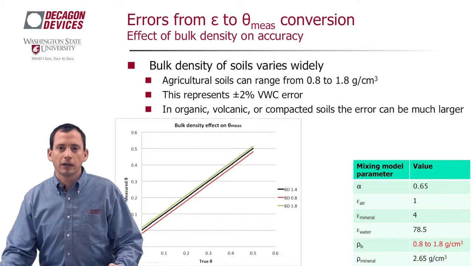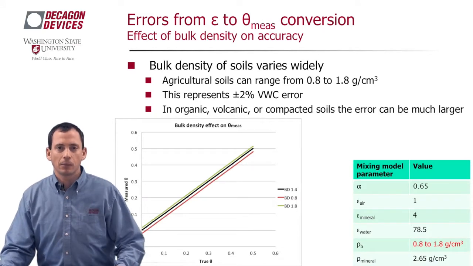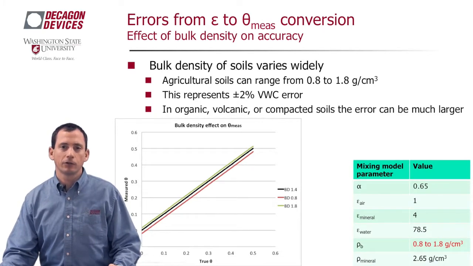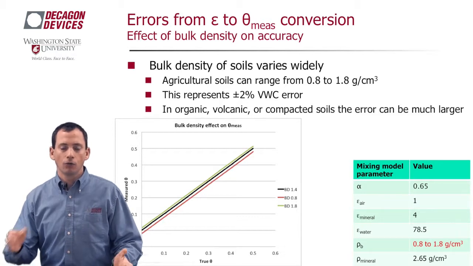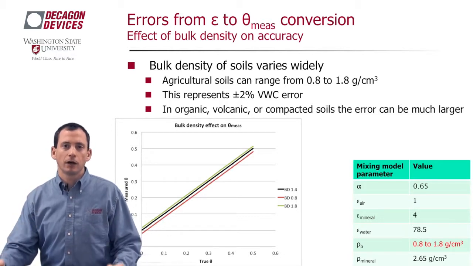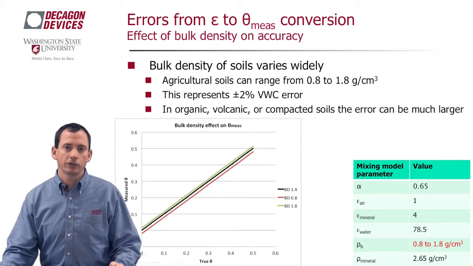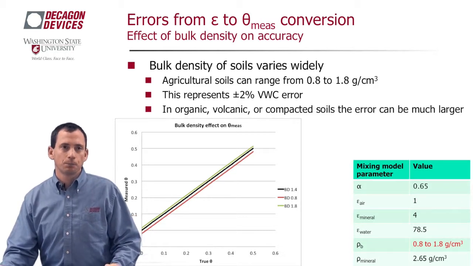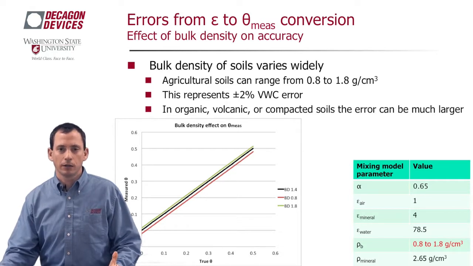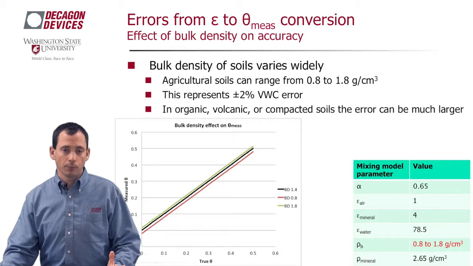So let's look again at that mixing model, and let's tweak some of the parameters that go into that mixing model over ranges that correspond to normal soils and see what that does to our measured water content. So I think we all know that the bulk density of the soil varies quite a bit from place to place and over time, in fact.